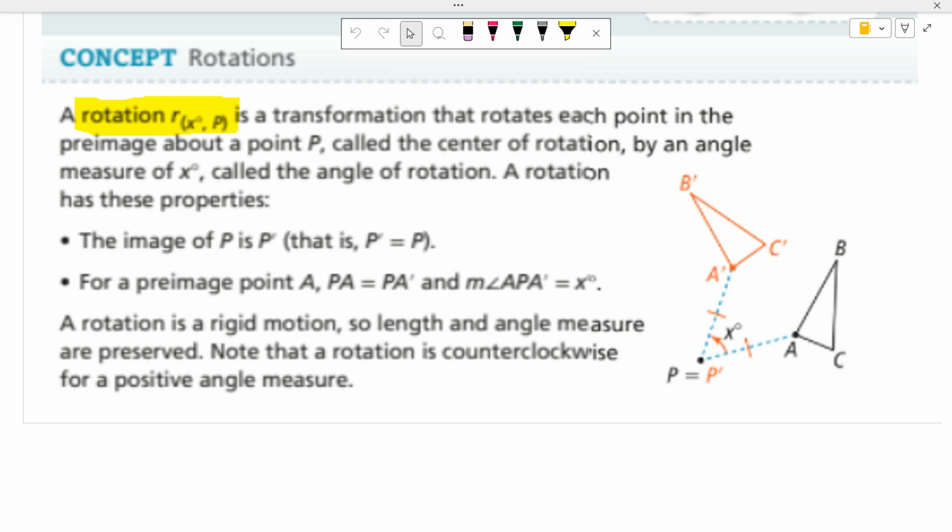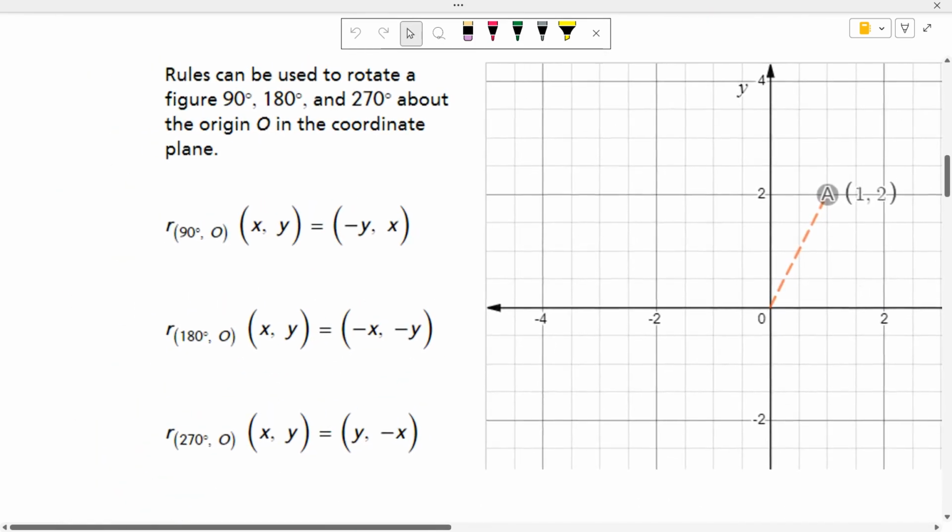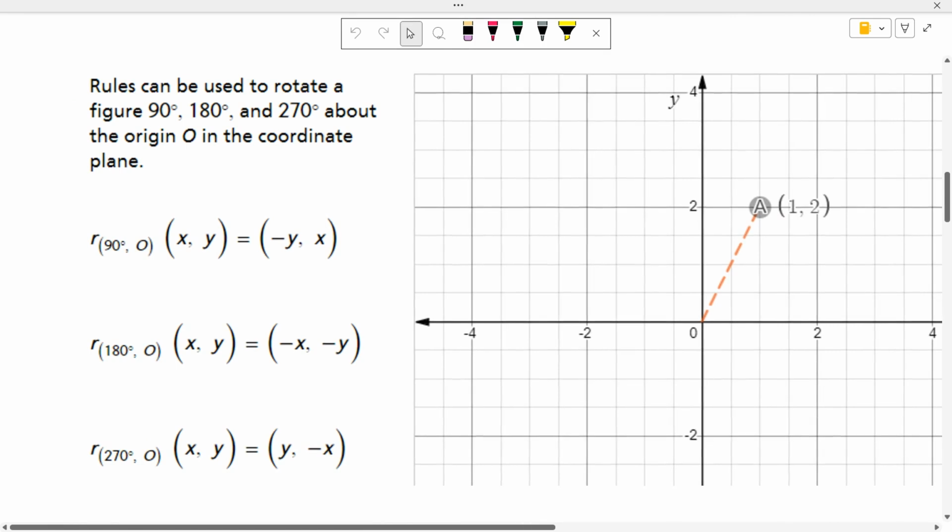Okay, so when this is rotated here, the x, the number of degrees, is the angle of rotation. P is the center of rotation. So, the center of rotation, angle of rotation. Those are important concepts here. Okay, so this is what goes on your note card.